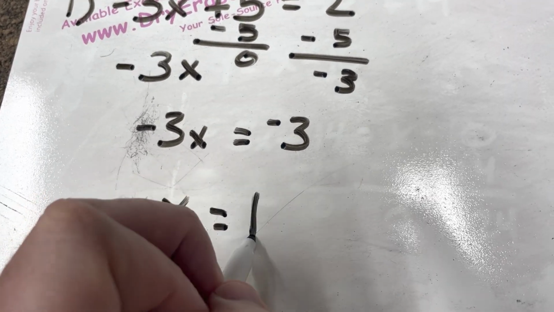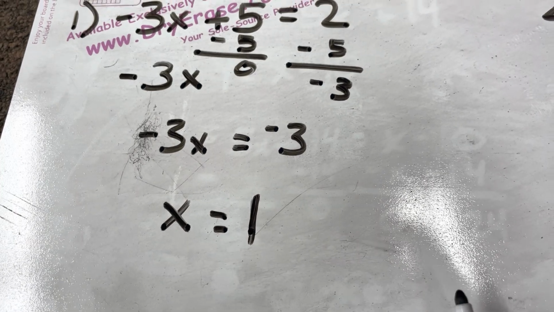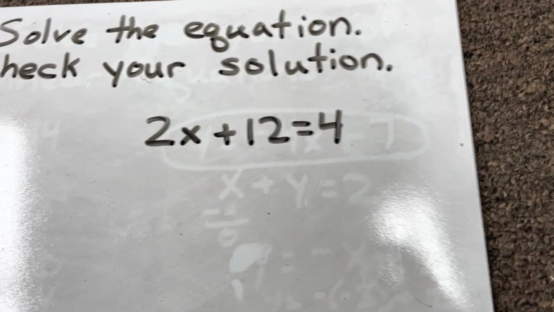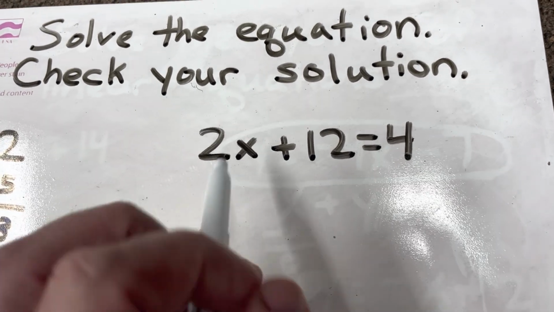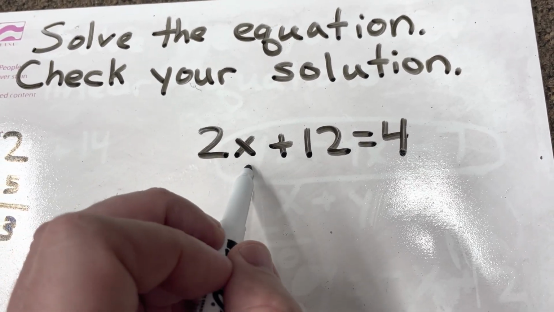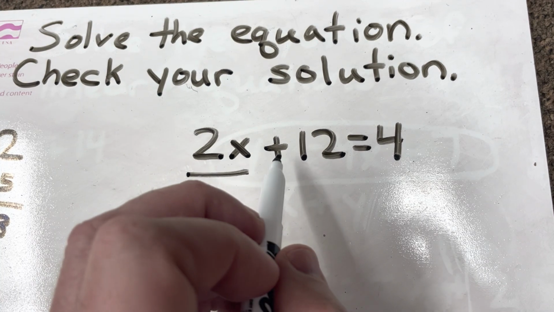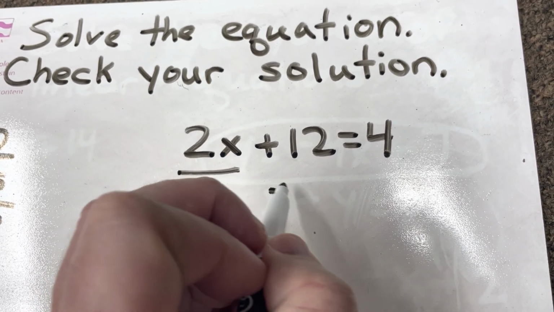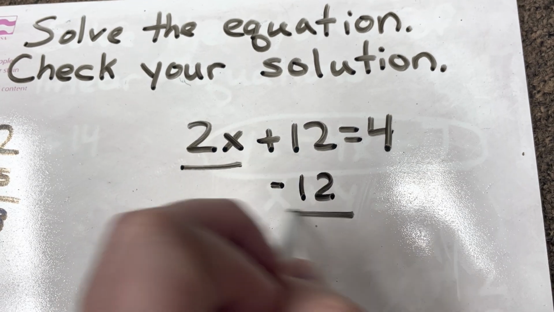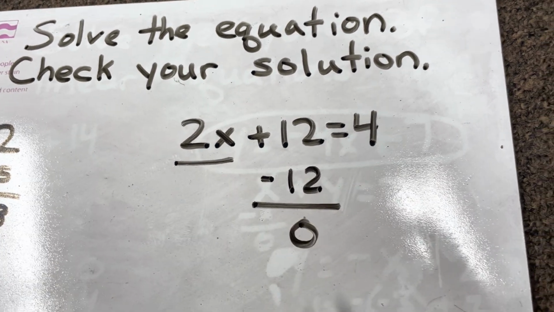All right, we're going to look at 3 more because we want to make sure we're comfortable before we move on. 2x plus 12 equals 4. Well, I have 2x. This is what I want to get by itself. I have a plus 12, so I'm going to be subtracting 12 from both sides to get 0.